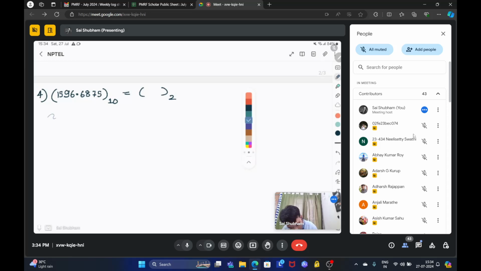So, solution. It has two parts. This one we have already solved in the previous question.